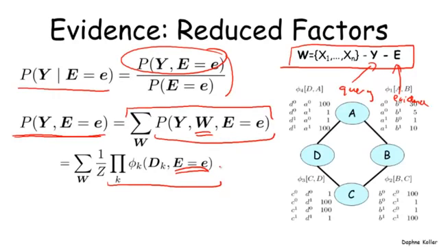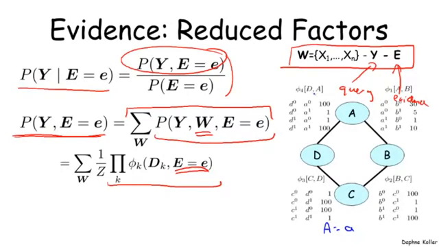So to understand what that means, let's look at this example over here. And let's imagine, for example, that we have an observation, say A equals little a, and we want to compute the probability of the distribution in the context of this observation.